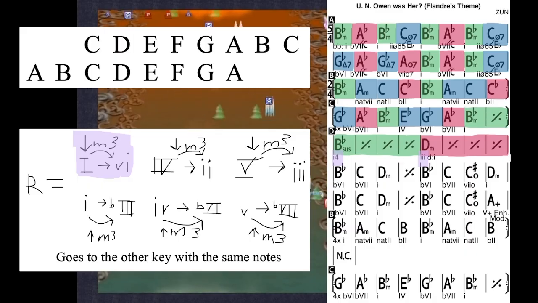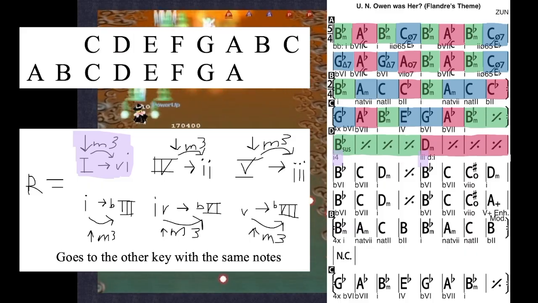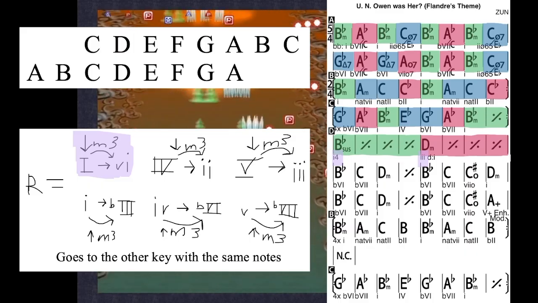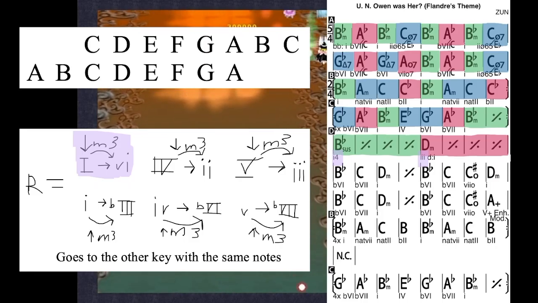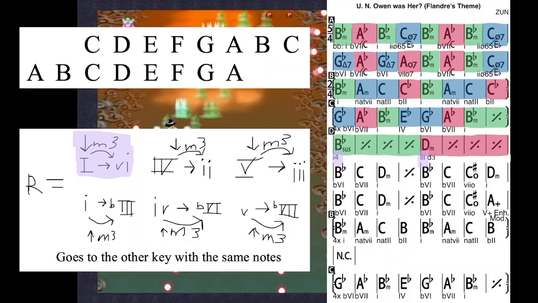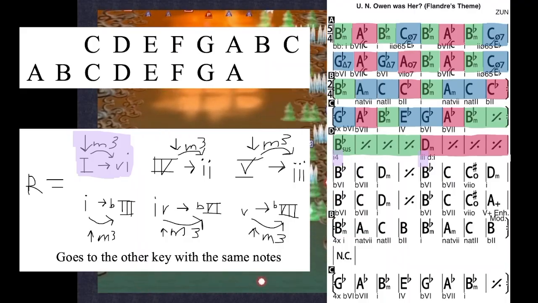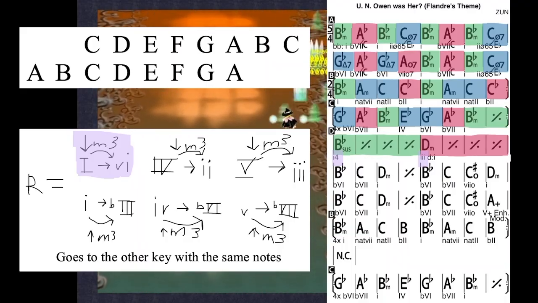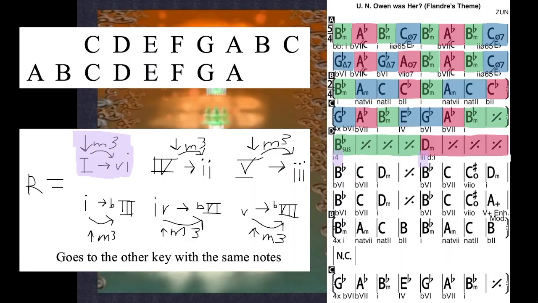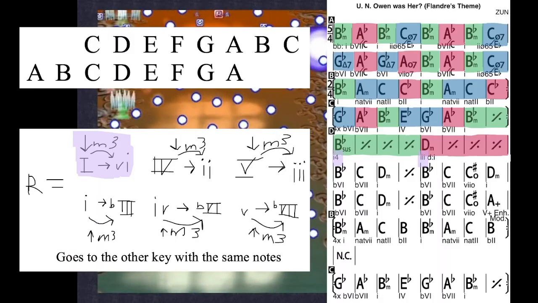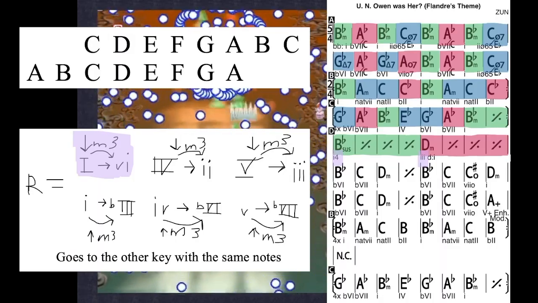These are C major and A minor. That's a C major scale, but what if we started a C major scale starting on A? Now we have an A minor scale. Notice that A minor and C major have the exact same notes.